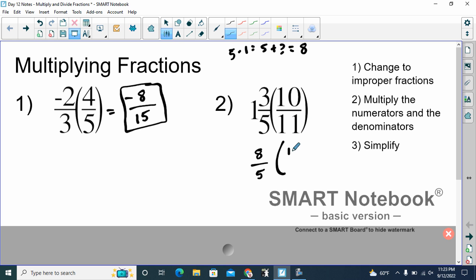10/11 is not a mixed number. We can just leave it as is. Now we multiply the numerators together. 8 times 10 is 80.